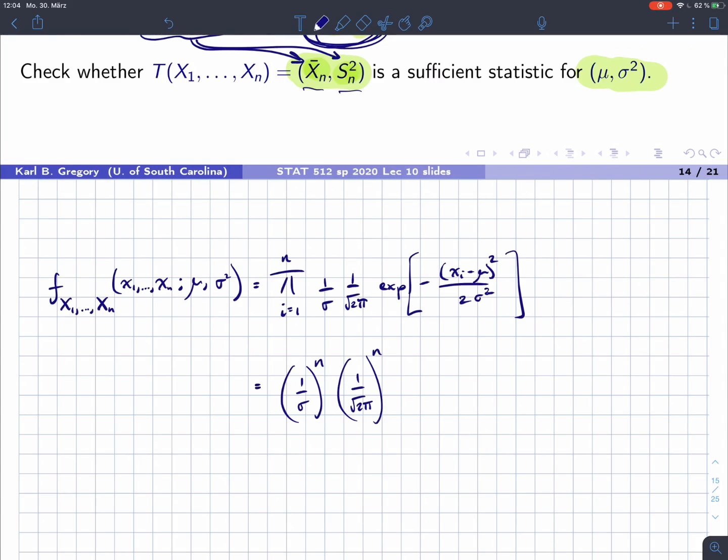And then I have e to the minus (x1 minus mu) squared over 2 sigma squared, times all the way out to e to the minus (xn minus mu) squared over 2 sigma squared.